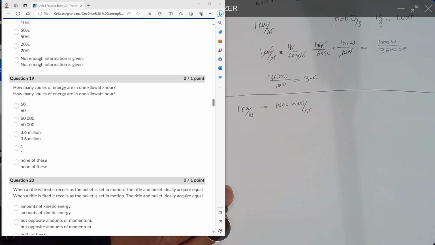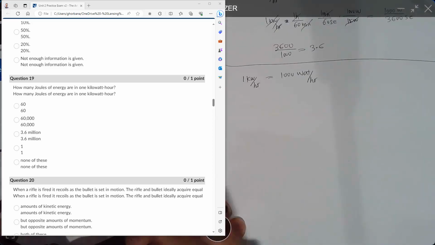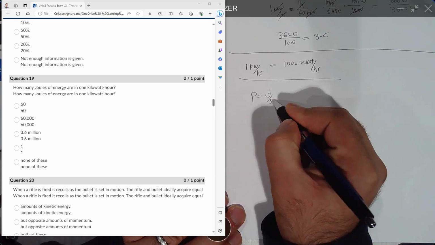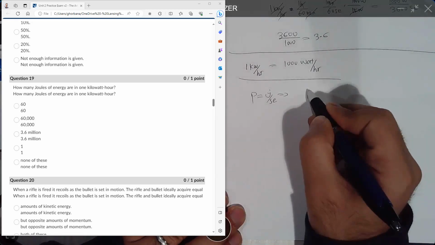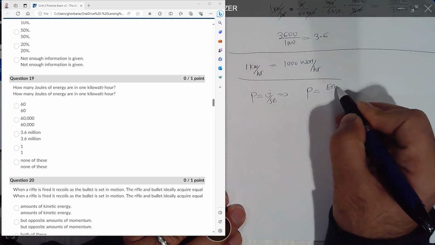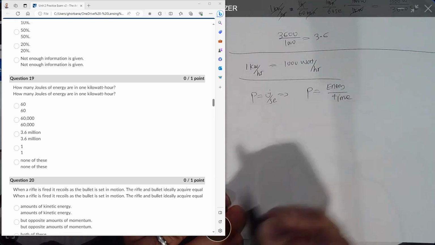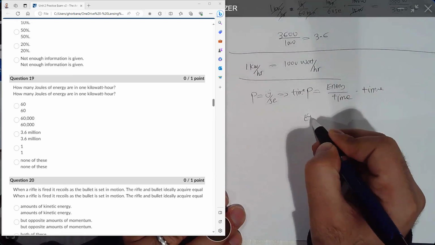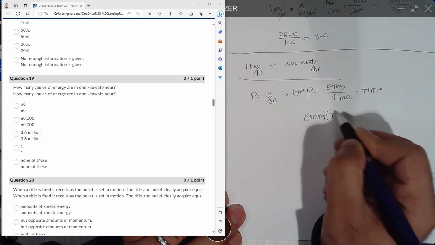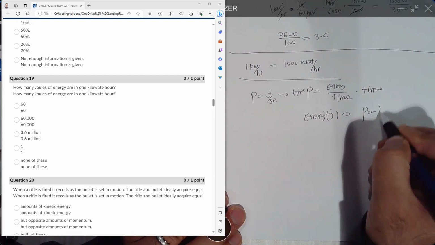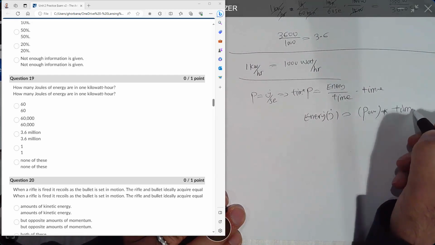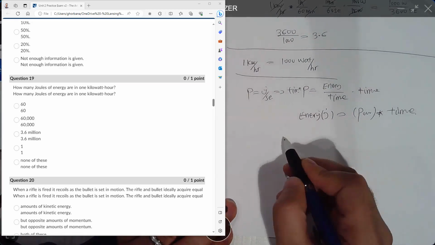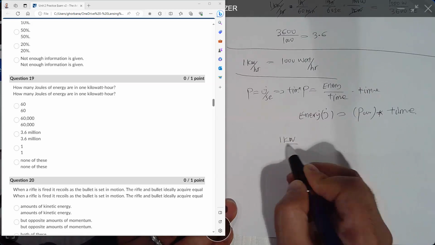Let me think about this. What is the power? Joule per second. So power is energy over time. Multiply time on both sides, and the energy, which is joule, is power multiplied by time. We already have the power, 1 kilowatt.